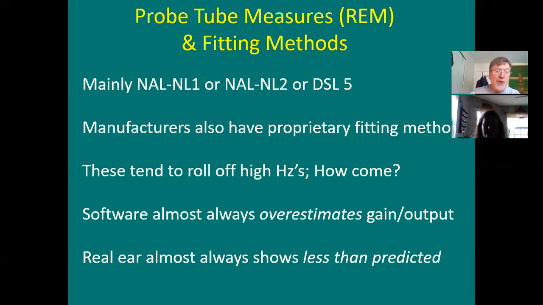Software almost always overestimates gain and output, and paints a rosier picture than what you really get. Real ear almost always shows less than predicted. And we will not blame the manufacturers. They're using mic location effects, real ear to coupler difference, the person's hearing loss, and then the fitting method, and they're adding them like blocks.